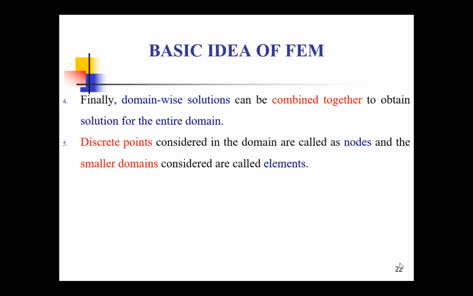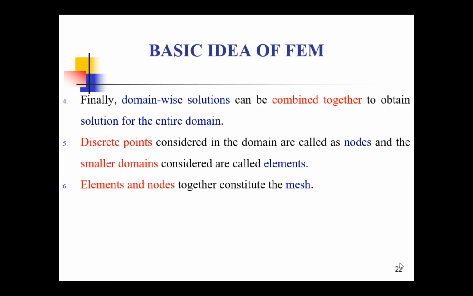So the discrete points that are considered in the domain are known as nodes, and the smaller domains are called elements. So two things that we are going to come across are the element and the nodes. The discrete points are called nodes, and the discretized small parts, individually, are called elements.